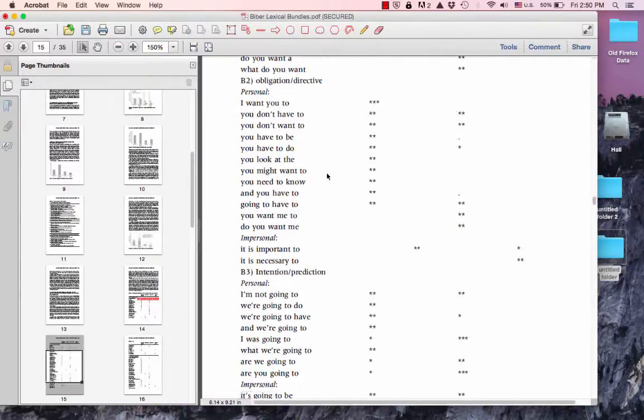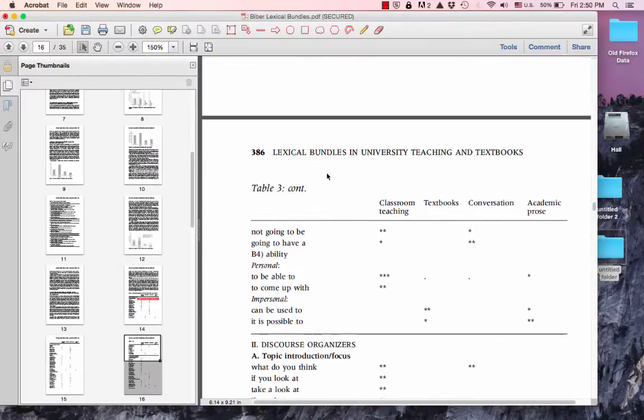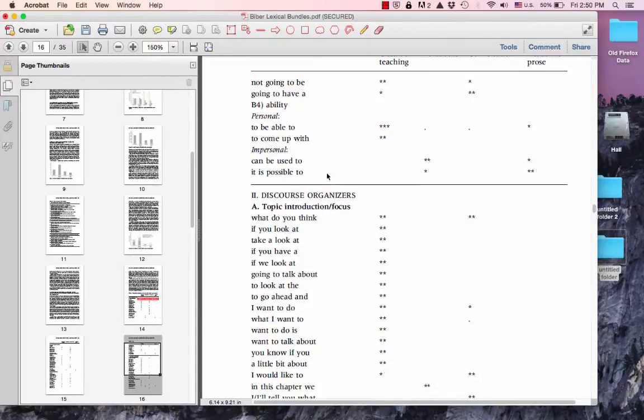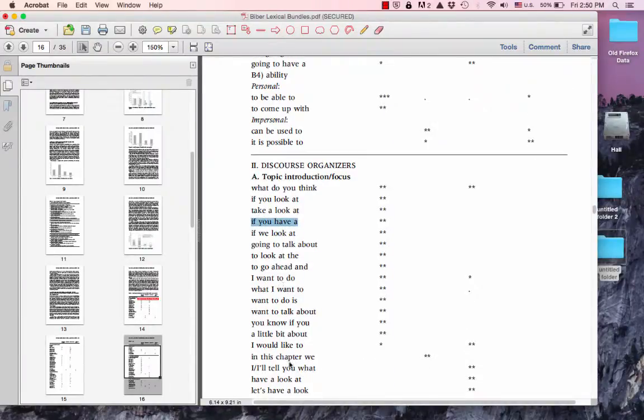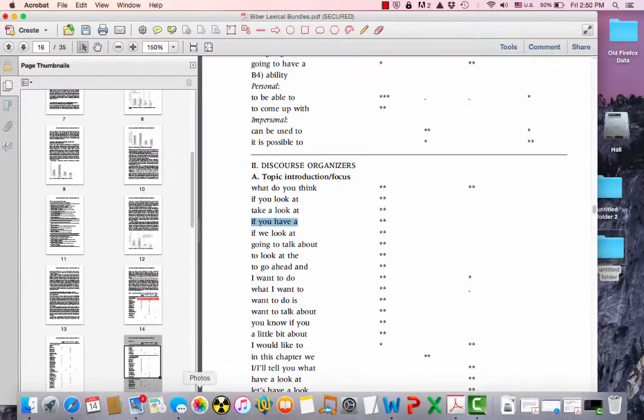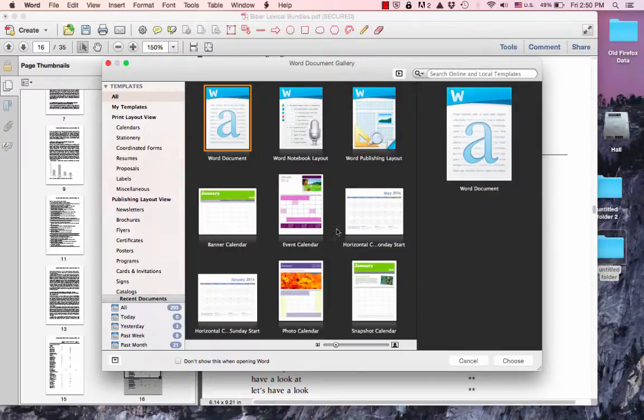Okay, so here it is. And if you're grooving on this stuff, and you kind of should, because these are the kinds of things you can create lesson plans out of. You can use these as sentence stems, and by sentence stems, you can create an activity where you don't have to give the student the beginning of the sentence.